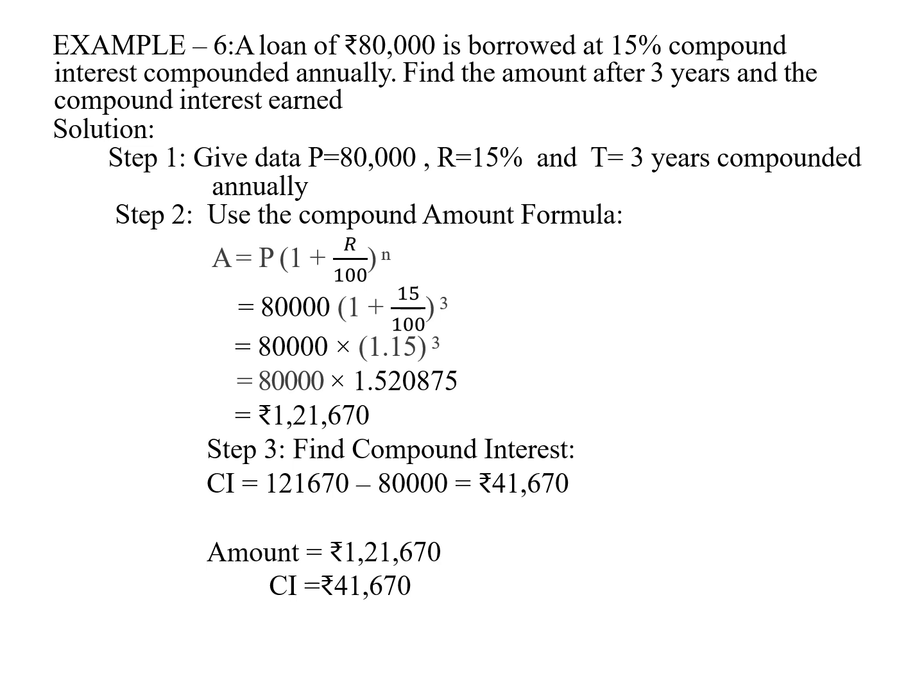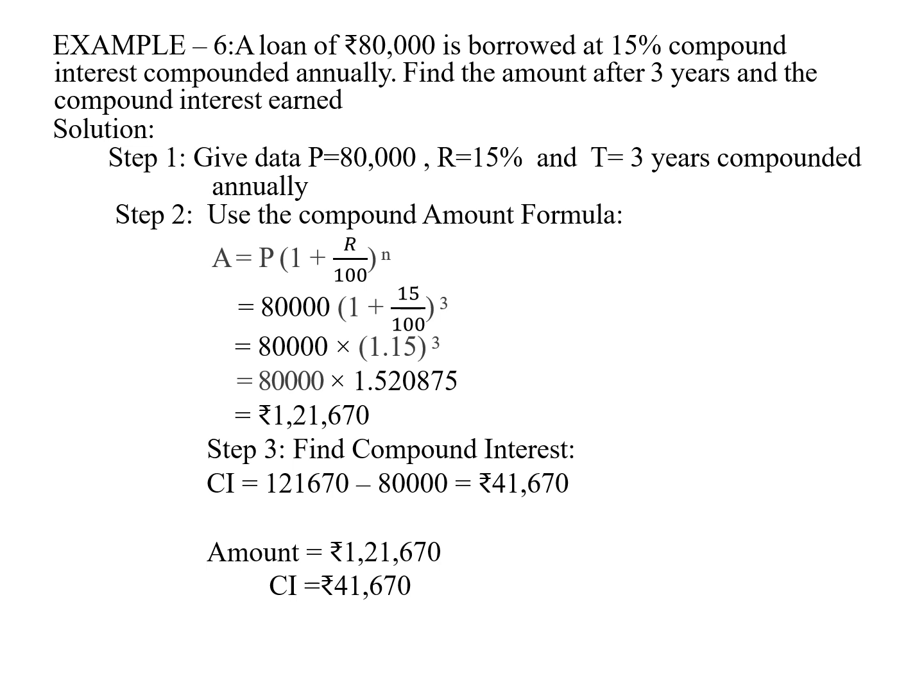Moving to the next line, which equals 80,000 into, if you multiply 1.15 three times, we get 1.520875. After multiplying this whole part, we got 1,21,670 rupees as the amount.